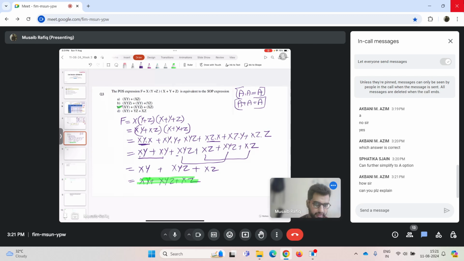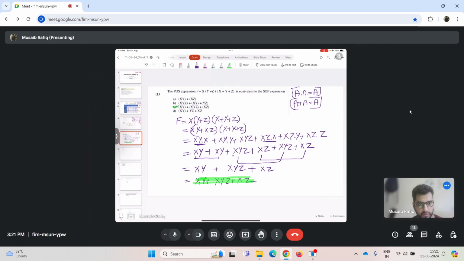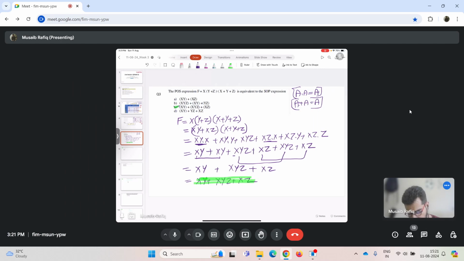Can you simplify it further? See, what I have done here is, let me show it. This is given as f equal to x times (y plus z) times (x plus y plus z). Then I have taken it here and simply done the multiplication: xy times (1 plus z) is xy, plus xz.